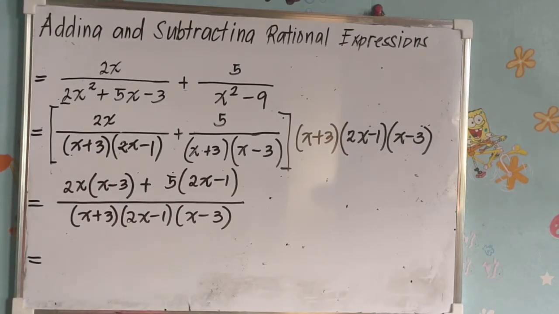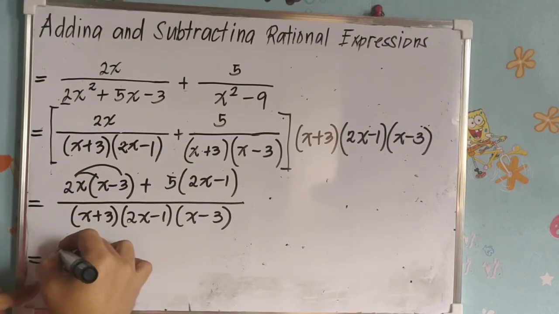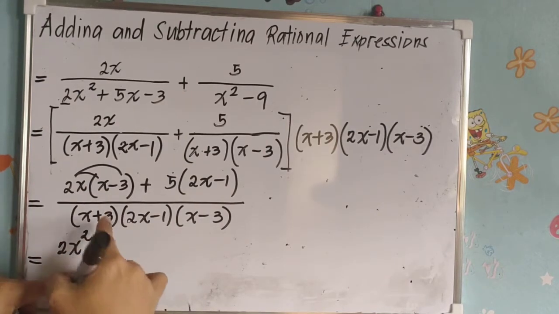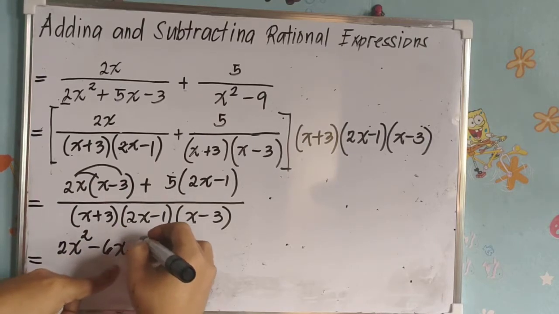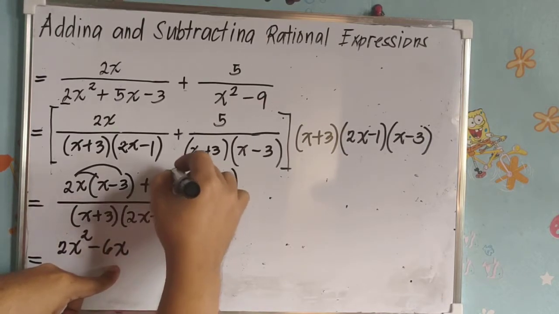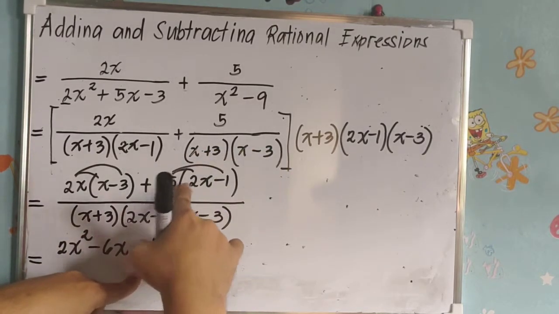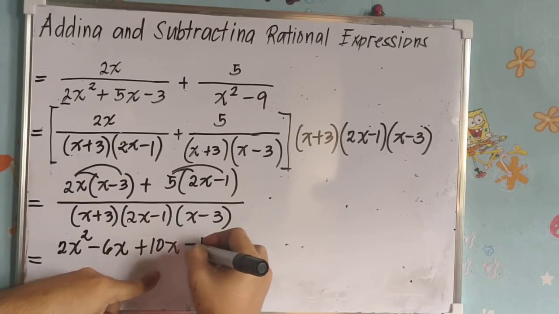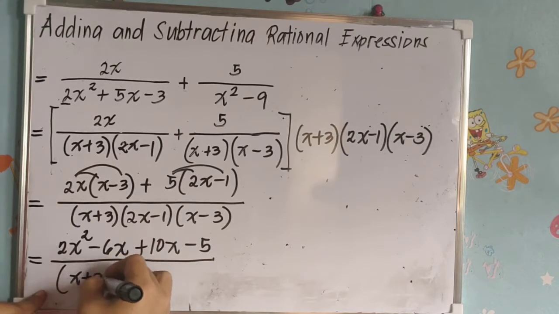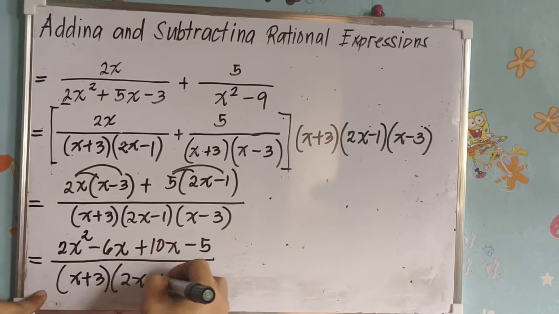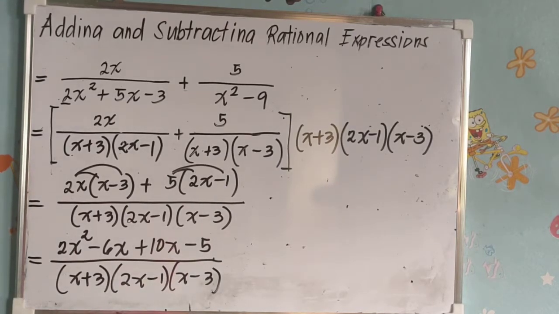Simplifying further, multiply 2x times x, we have 2x squared, and 2x times negative 3, we have negative 6x, and 5 times 2x, so we have 10x, and 5 times negative 1 is negative 5, and copy the denominator. Okay, that's it.